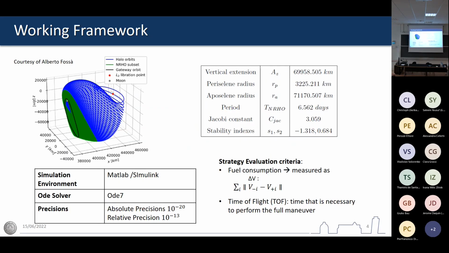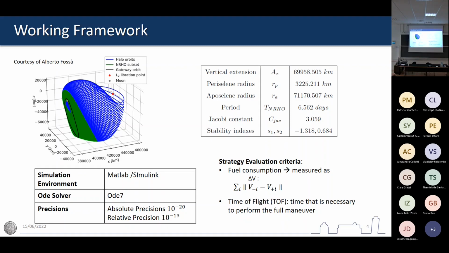My working example is the orbit of the Gateway. So we have a 9:2 resonance orbit and a near-rectilinear halo orbit around the Lagrangian point L2, with the characteristics that you can see here. All the results are obtained with numerical methods.